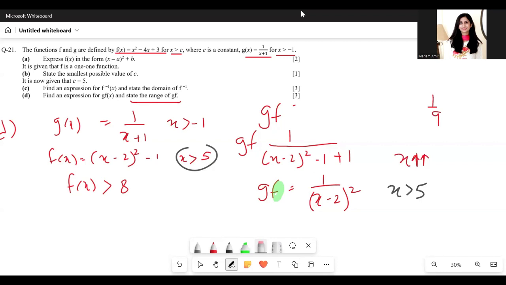So this value is going to lie between 1 by 9 and 0, because at 5 you get 1 over 9, and if you keep increasing x, you get almost 0. So the range of gf will be between 0 and 1 by 9. We will not write an equals sign with either of them. Okay, this is question 21.